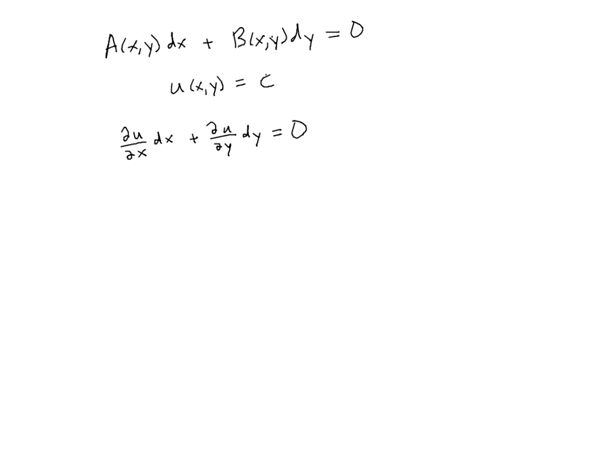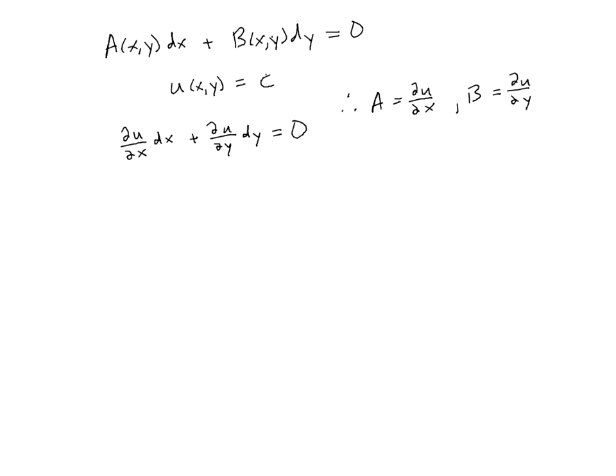Now, if you look at the similarity between the two equations, you could see that, therefore, A must be equal to partial u partial x, and B must be equal to partial u partial y.